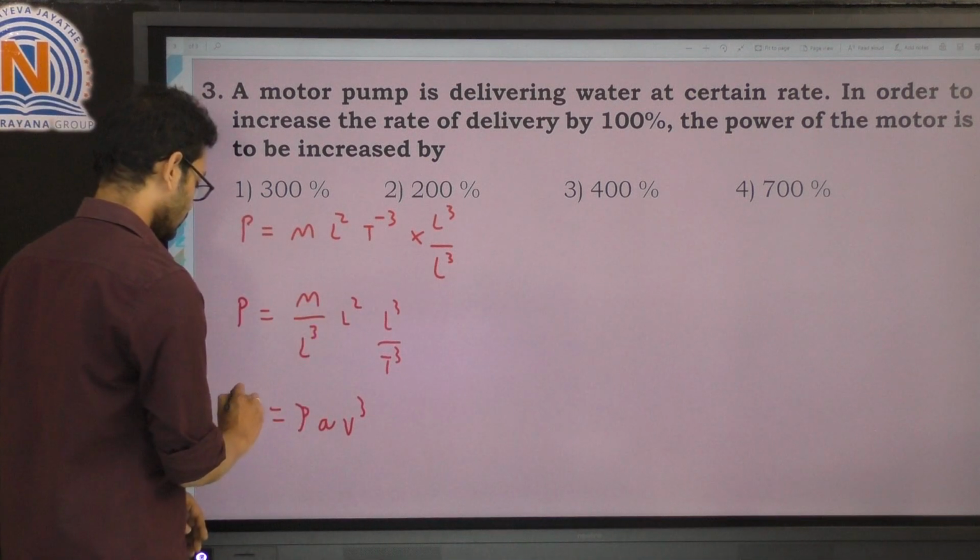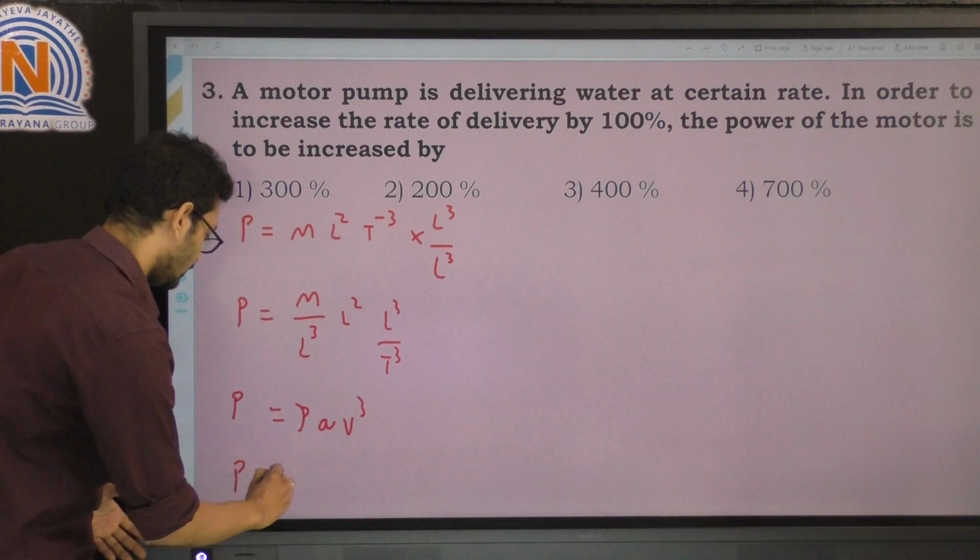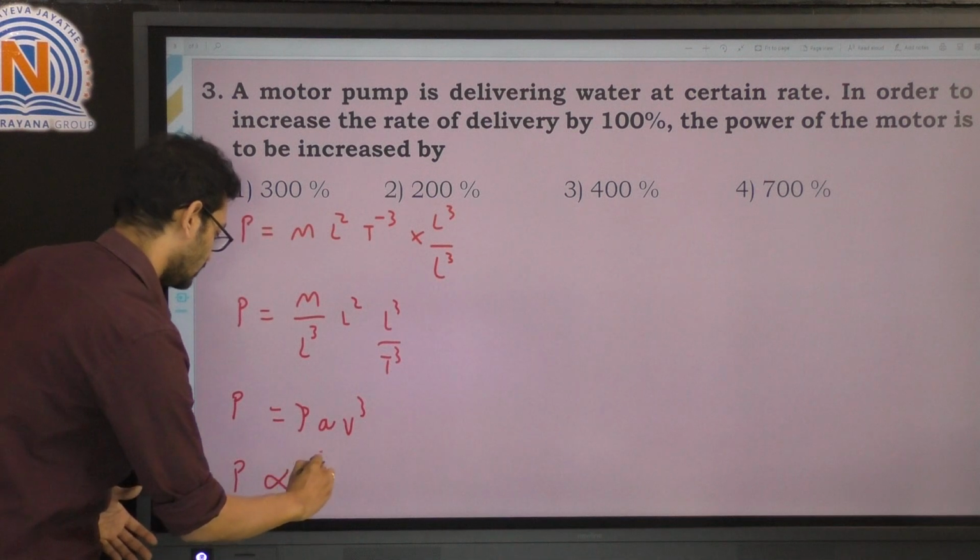So from here I can equate that power is directly proportional to velocity cube.